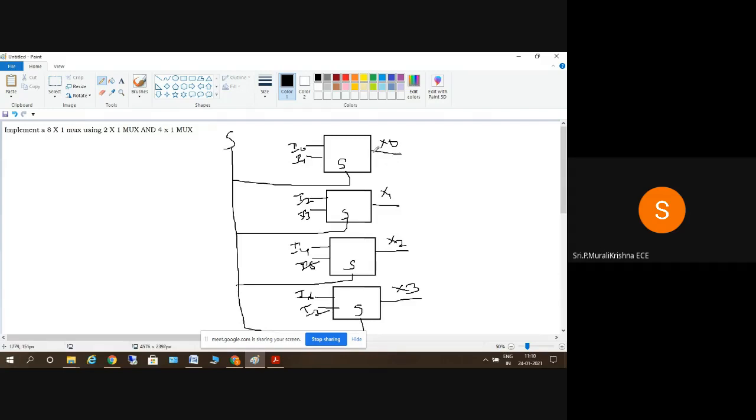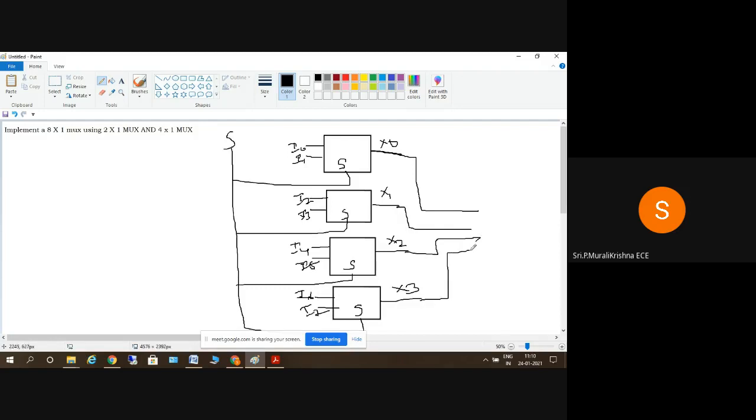Okay, so what are the outputs? I need 1 output in total. Here we have x0, x1, x2, x3, so 4 outputs have come. We don't need 4 outputs, we need 1 output. So what I'll do, I'll give these 4 outputs as inputs to a 4:1 multiplexer.